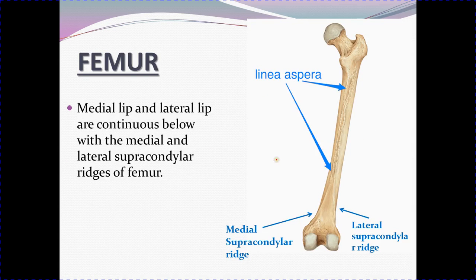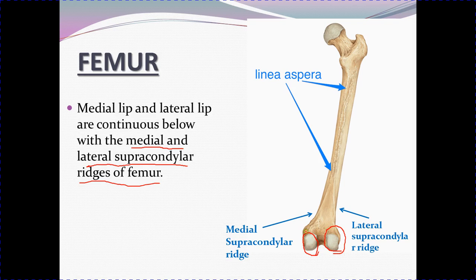In the lower part, the medial lip and the lateral lip of the linea aspera are continuous with the medial and the lateral supracondylar ridges of the femur. Now you can see these are the condyles, the medial condyle and the lateral condyle.